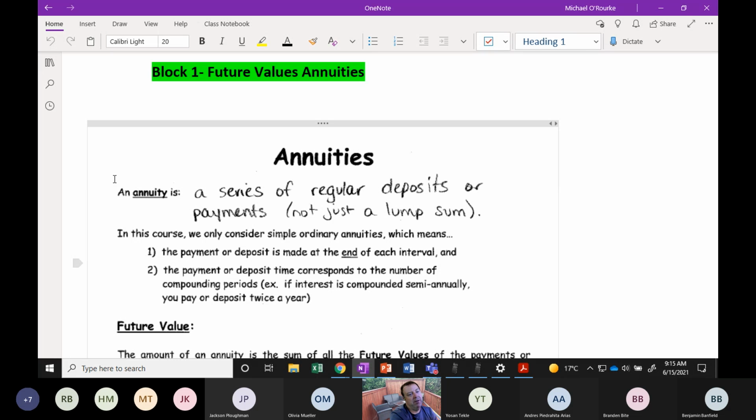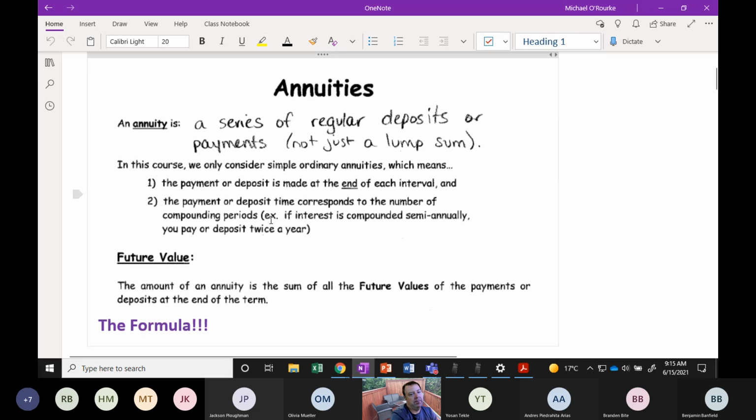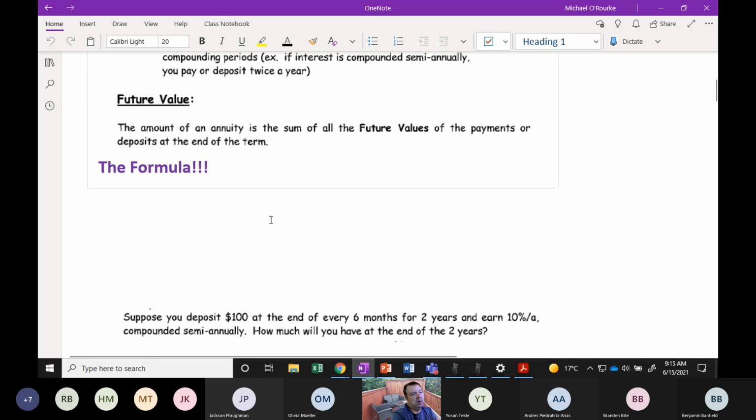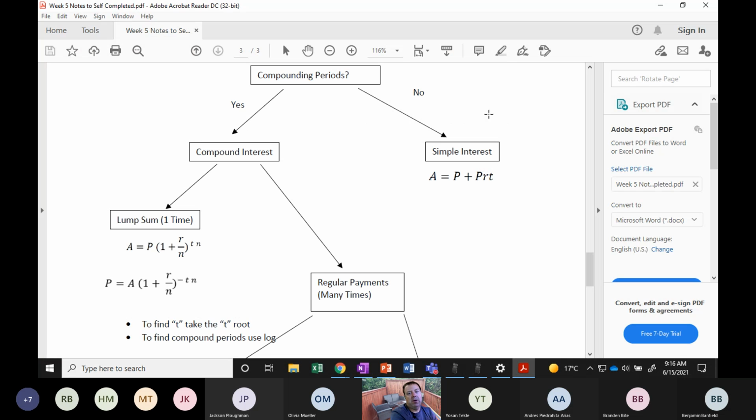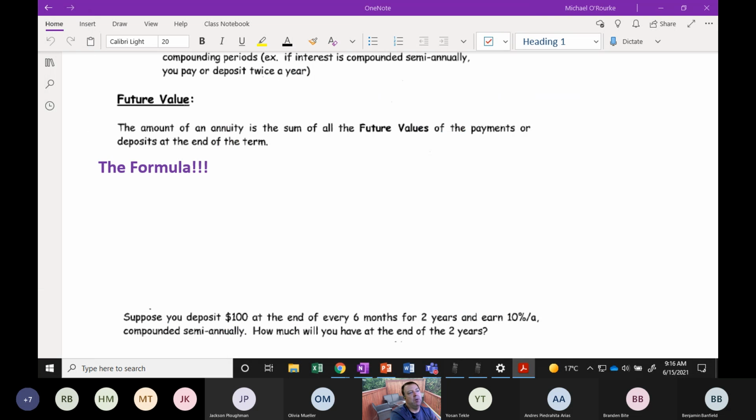Your mortgage, if you have a mortgage as an adult, that's an annuity. Okay, a regular deposit. So do we understand the difference between lump sum and annuity? That's a big thing, just to understand those two base concepts. Because when you go through questions later on, that's what's going to kind of decide what you work with.